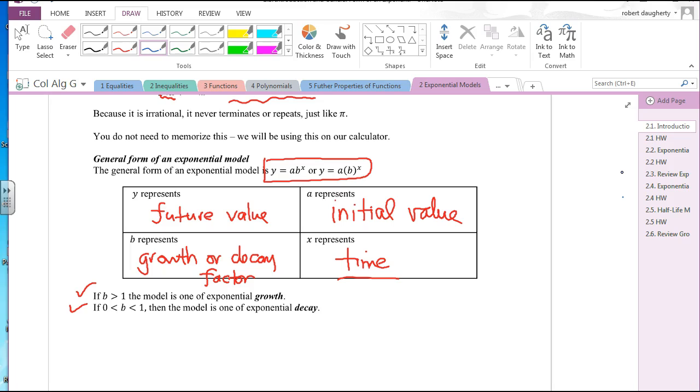If I give you the time number, how do you find the future value? You just plug it in your calculator. If I ask you to solve for time, you're going to have to use what? You have to use logarithms, okay? So you've got to be comfortable. That's the one thing that carries over from the last unit. It was on your quiz on the TI Inspire page from the last time we had a quiz, okay?